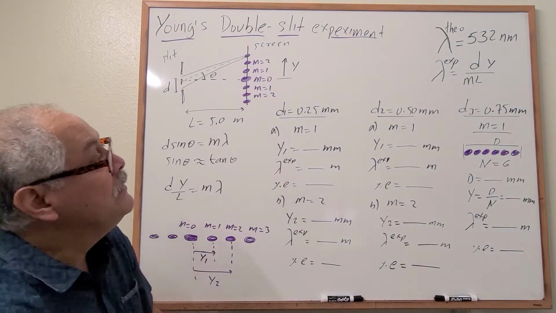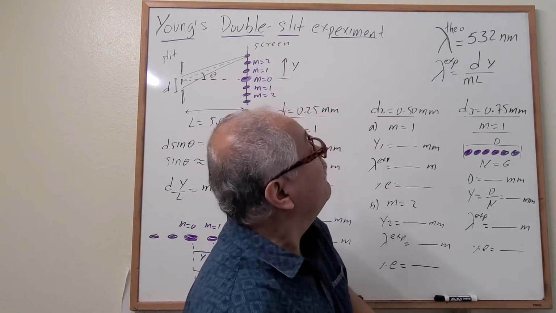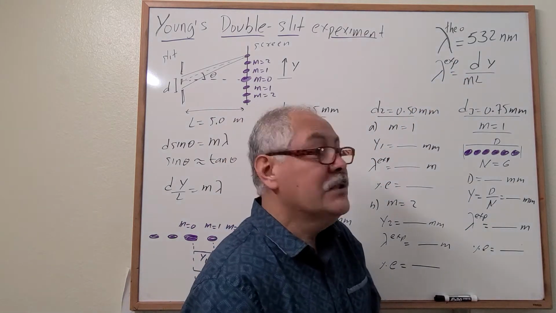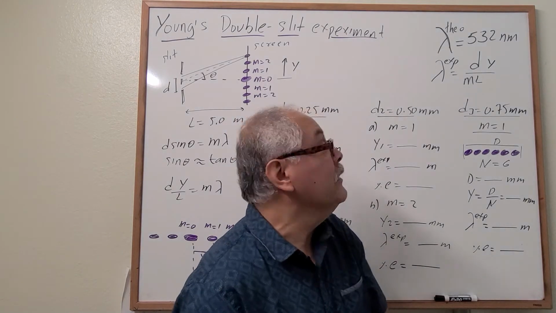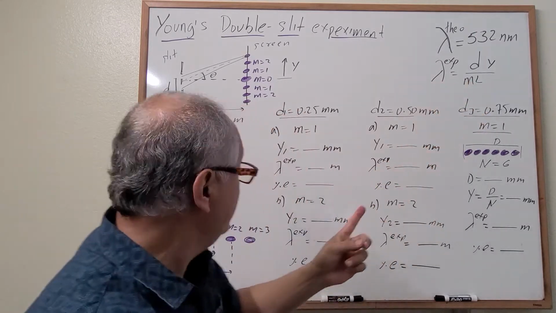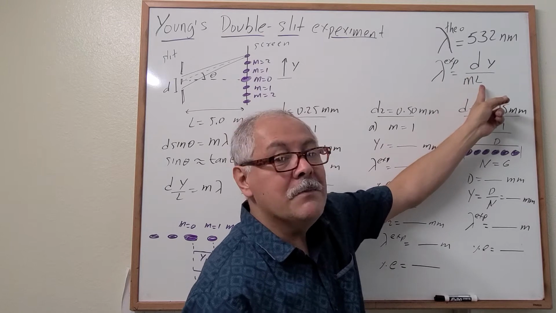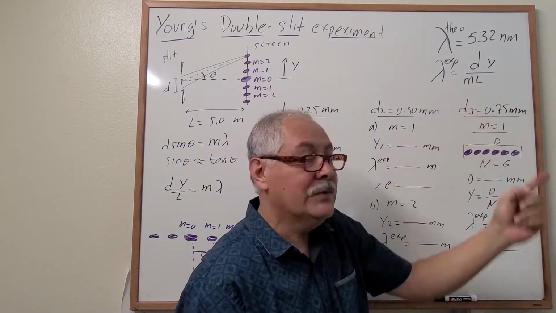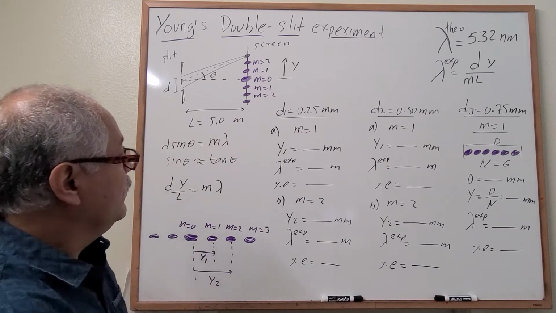In this case, we have the theoretical value for lambda, which is 5,032 nanometers. It's going to be the theoretical value. So from the experiment, let's start from the equation from here. Lambda is going to be d y over m L, correct? L is given one more time, 5 meters. Great.